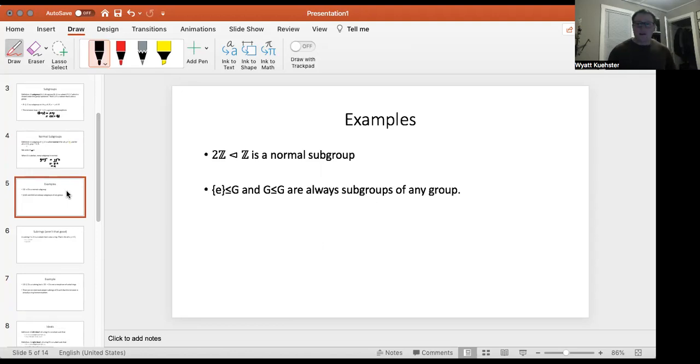Okay, so like I said, all the examples that I've actually given you have been abelian groups, so I don't want to do a non-abelian example.